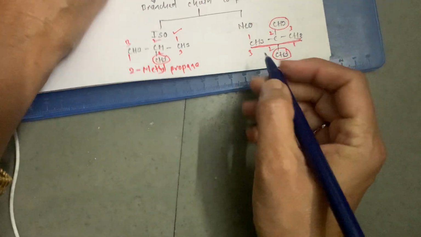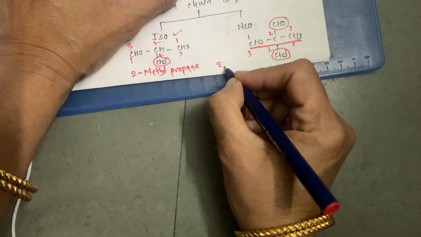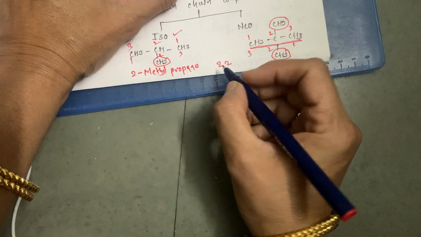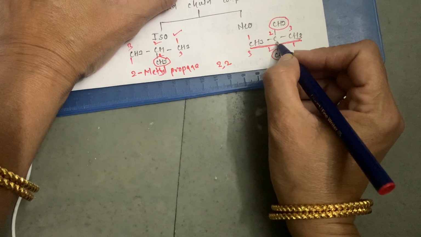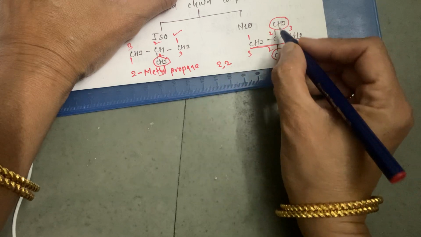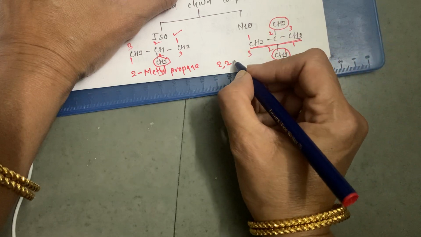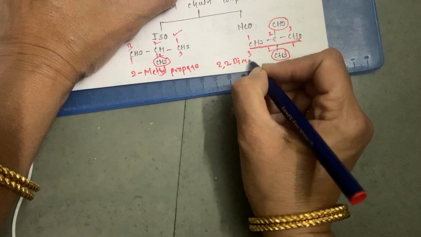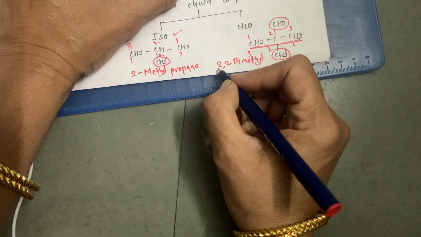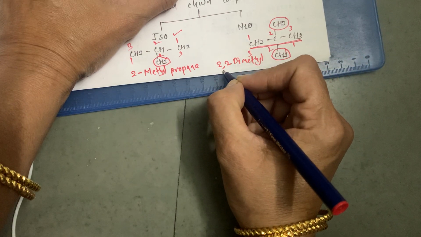How to write this 2-methyl? We can mention as a number. There are 2 groups, so we are writing second carbon 2 times. Okay. 2-methyl groups, so we can mention as dimethyl. Okay. When there are 2 numbers, we have to write down comma.